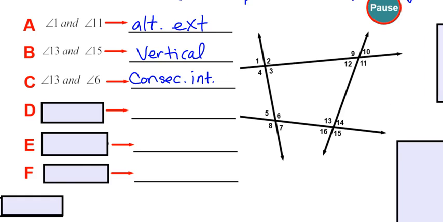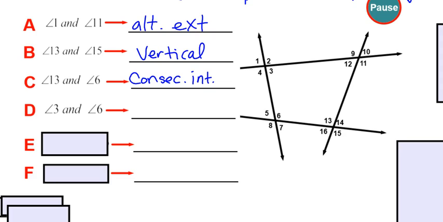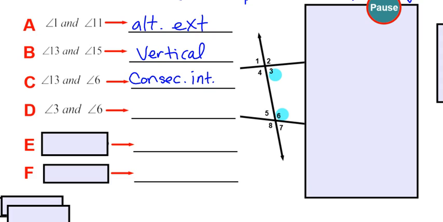And try another one. D, angle 3 and angle 6. So if I look at those two angles, angle 3 is right here, angle 6 is right there. Again, covering up the extra part of the picture that I don't need to look at. Are those two angles between the lines? And they are.